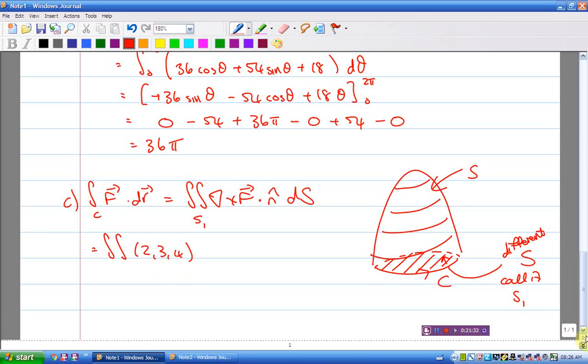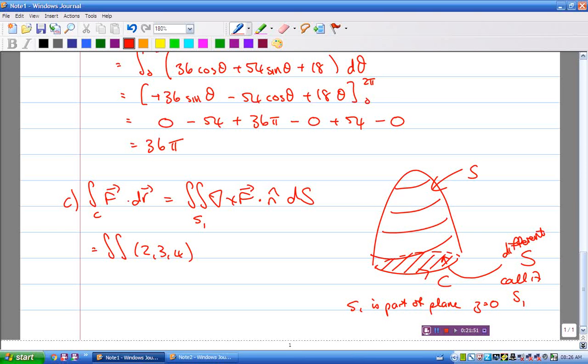So what is S1? S1 is part of the plane z equals 0. That disk, remember, the paraboloid came down and stopped at the xy plane.